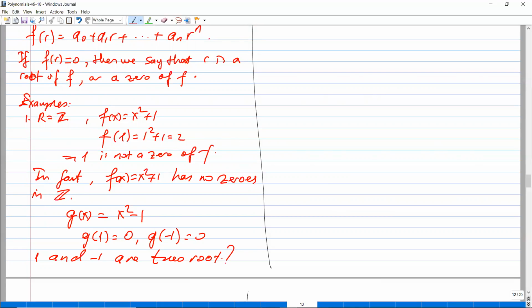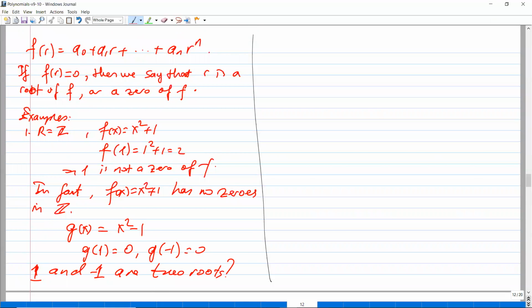The question: is there any other root? Of course, as we know, there is no other root, and we will prove it shortly. The reason is that Z is an integral domain. But let's look at a second example.